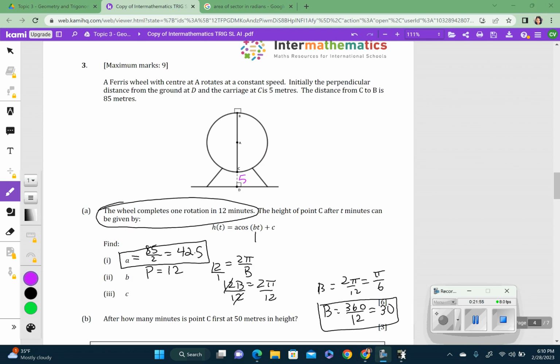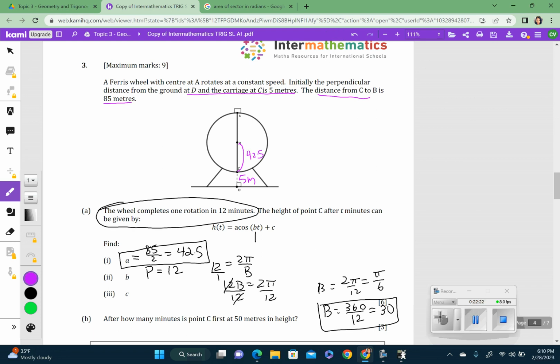All right. So to find out what C is, we know that this distance, they give it to us, from C to B is 85 meters, and from D to C is 5 meters, so this is 5 meters right here, okay? So we just found out in part A that this distance right here is 42.5, okay?